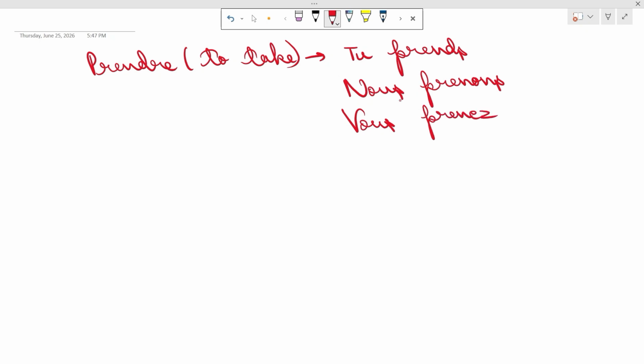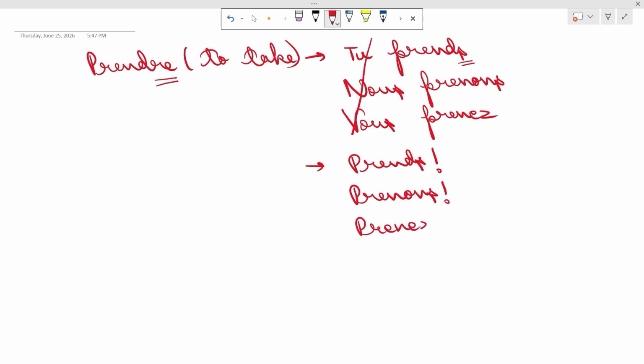The third step was that we remove the s from the tu form, but since the verb is not er ending, we will not remove this s. Then we remove all the subject pronouns. Then steps 4 and 5 are to make the first letter of the verb capital and put the exclamation mark. If you follow the steps, these impératif conjugations will be very easy.